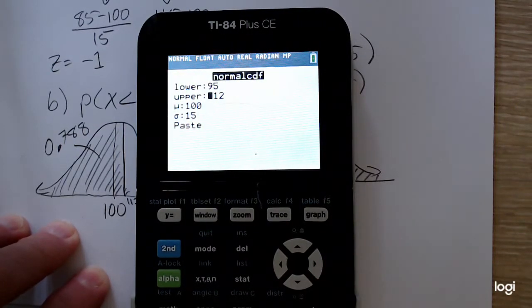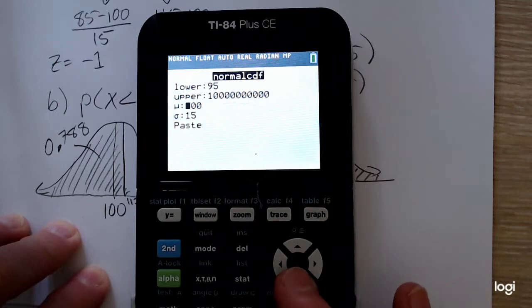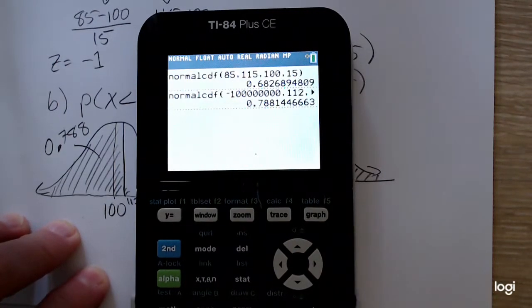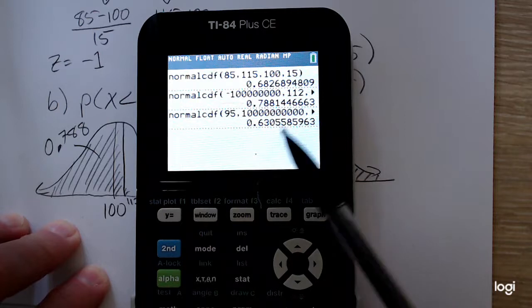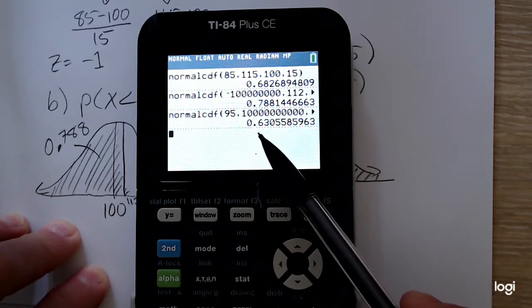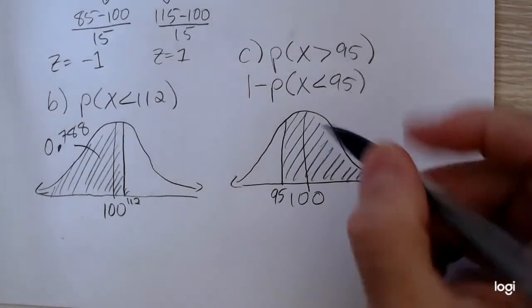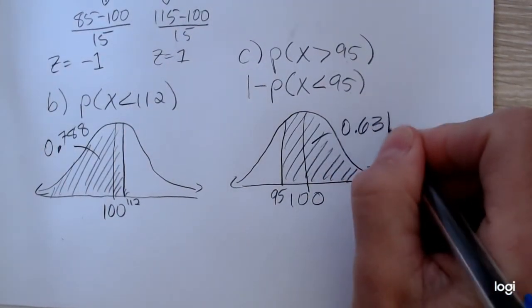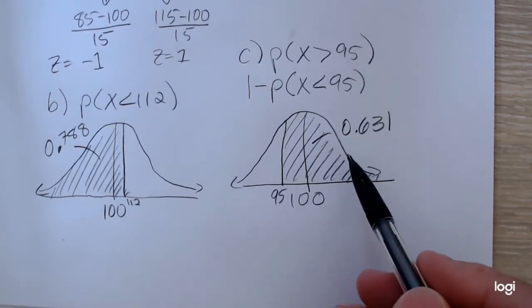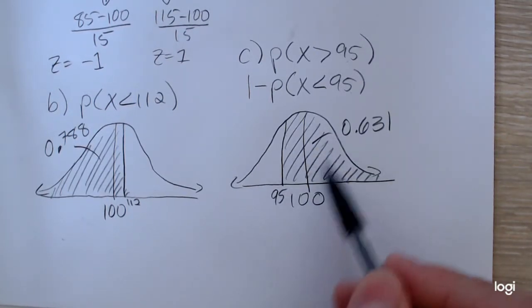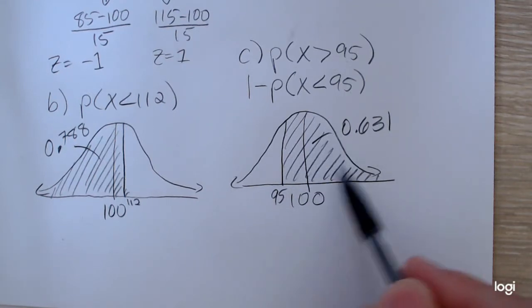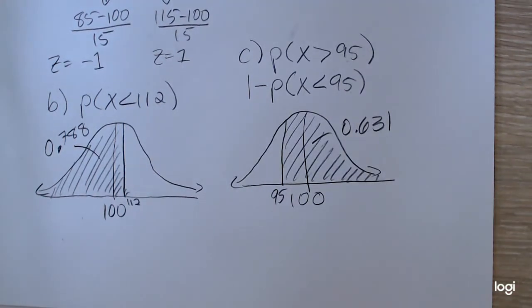My upper bound theoretically is positive infinity, so I'm going to put +1 with a bunch of zeros. Leave mu and sigma alone. And then the corresponding area or probability is 0.631. Again, I expected this to be greater than 0.5 because I was below the mean, and shading to the right, I'm shading well over half of the area under the curve.